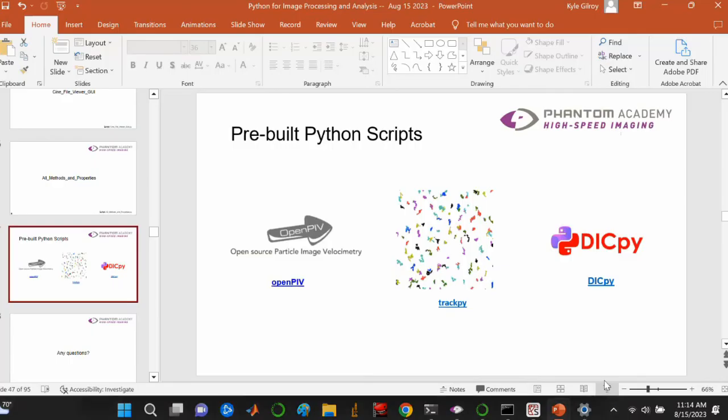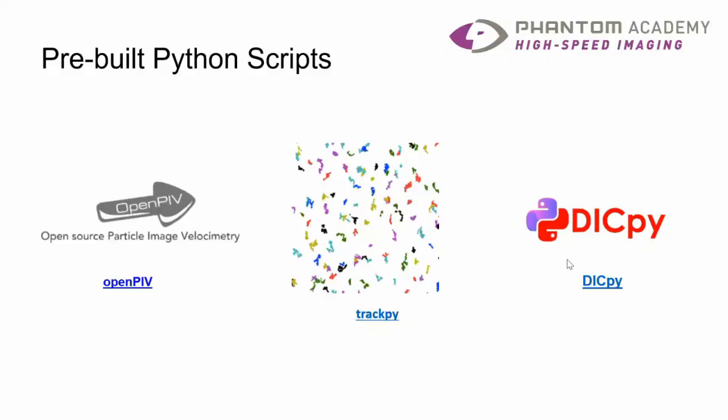And then the last thing we want to mention is that we have a ton of users doing very interesting analyses on their Cine files. All right. That being said, you don't always need to reinvent the wheel, right? So if you want to do digital image correlation from the ground up, or maybe you want to do a particle image velocimetry script, or maybe you want to get the size and shape histogram of some particles moving throughout your video, there are already pre-built Python scripts out there that are open source and very nicely documented.